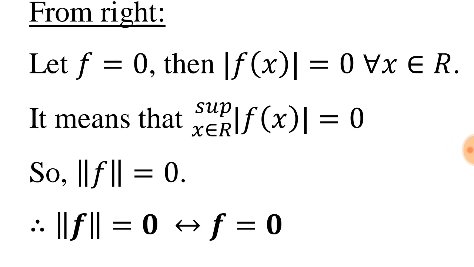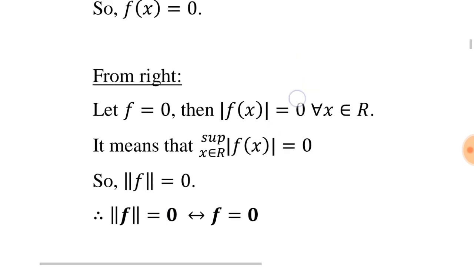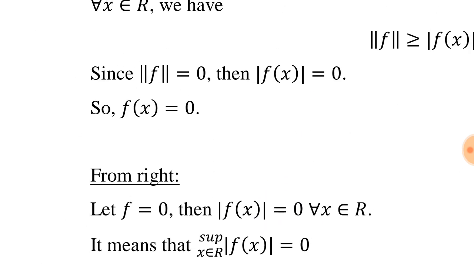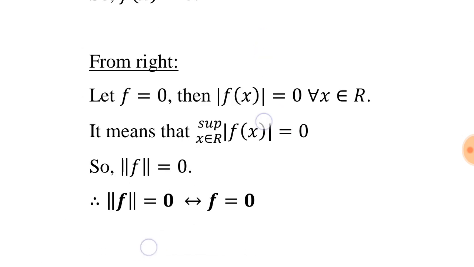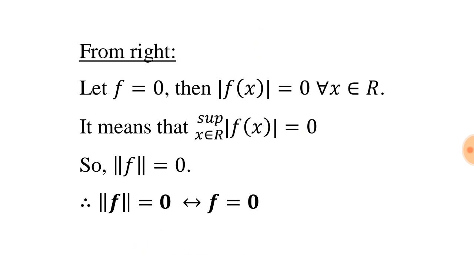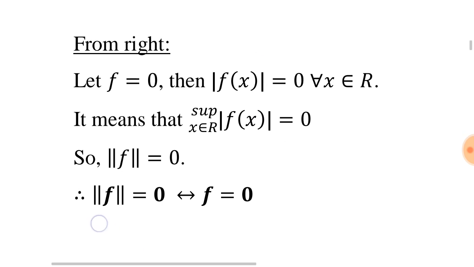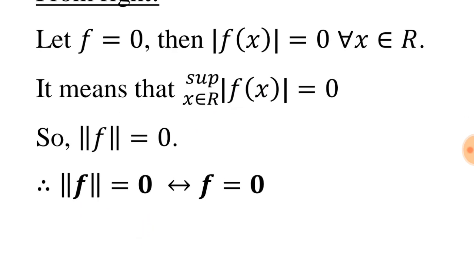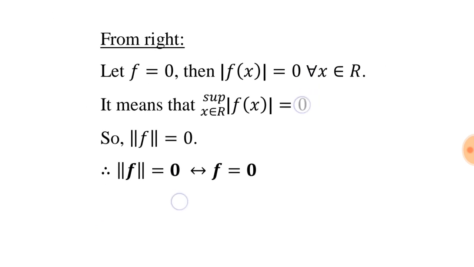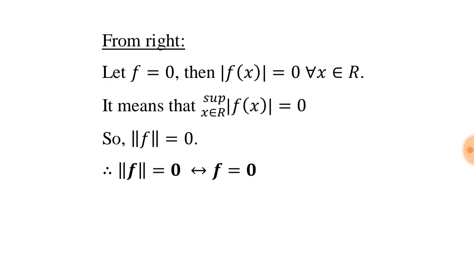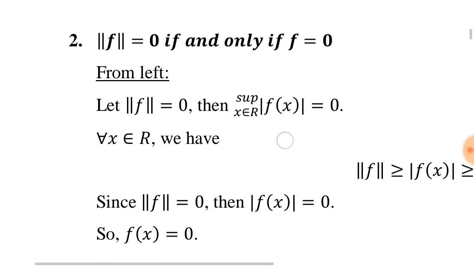So we have the norm of f equals 0. Since we have proved it from left and right, we know that the norm of f equals 0 if and only if f equals 0. So this space satisfies the second condition.